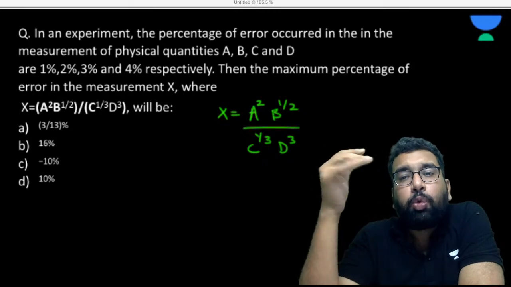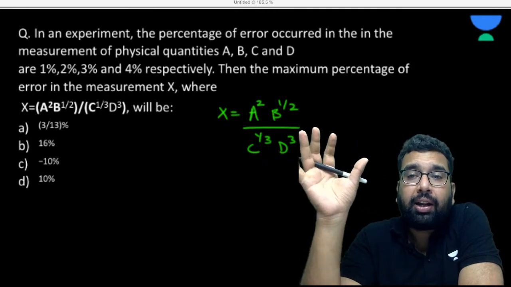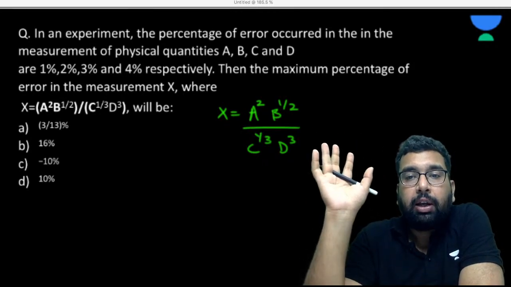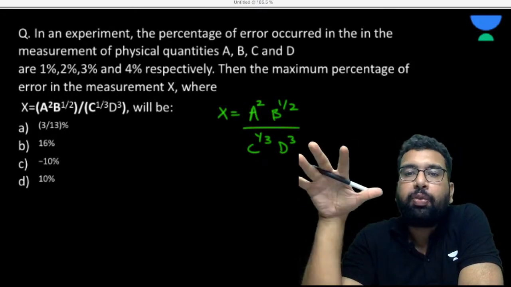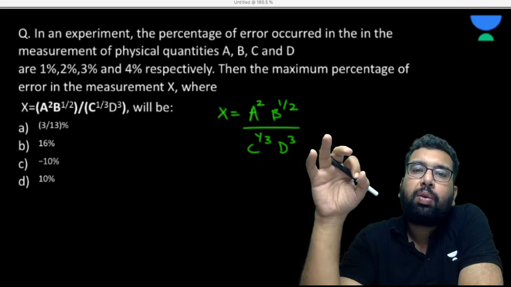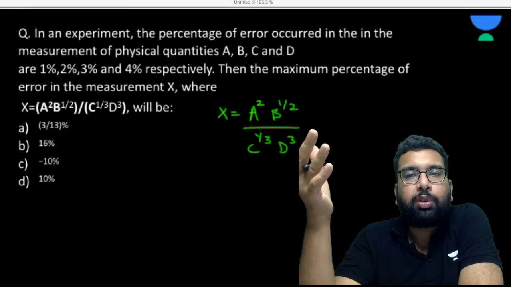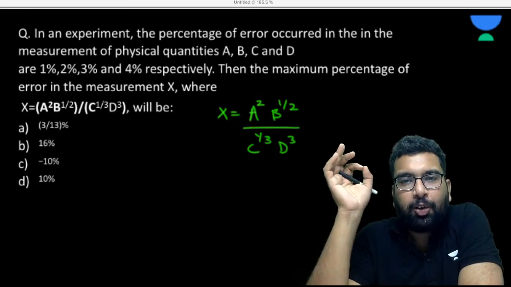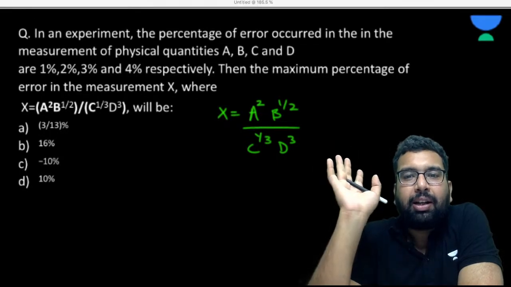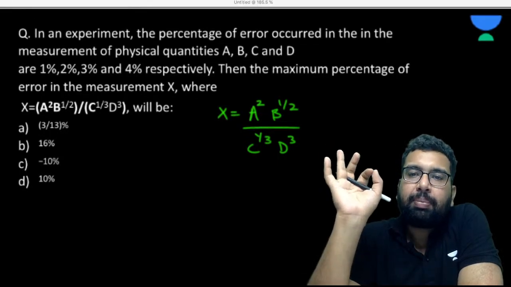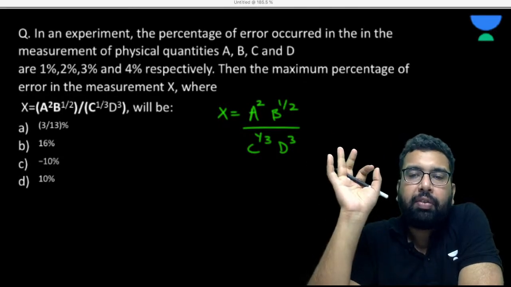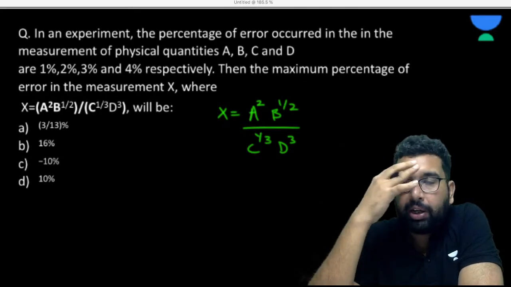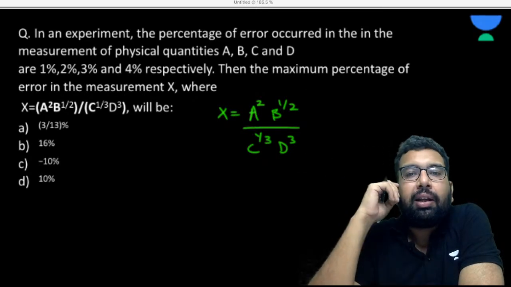See what we are trying to do. This error analysis is a very important part of physics, because physics is the game of physical quantities. What are physical quantities? Something which can be measured. Now in each and every measurement there is some error. No matter how hard we try, there will always be some error in the measurement.